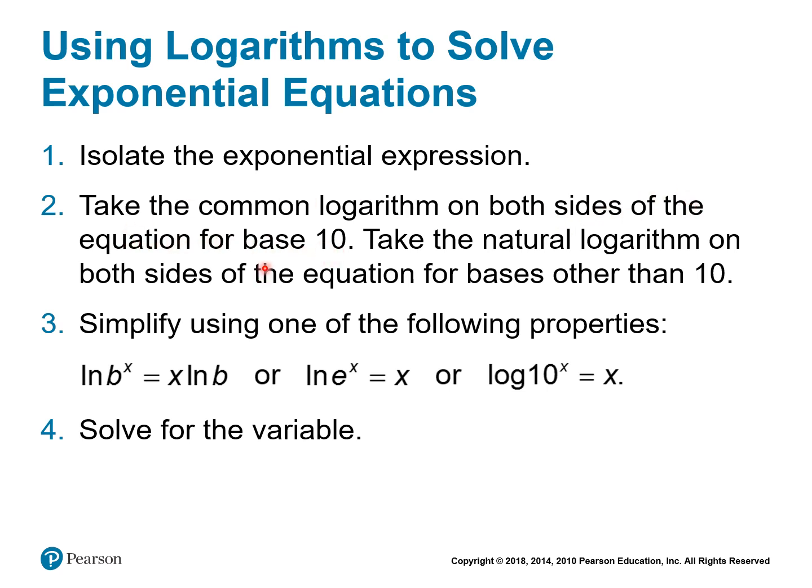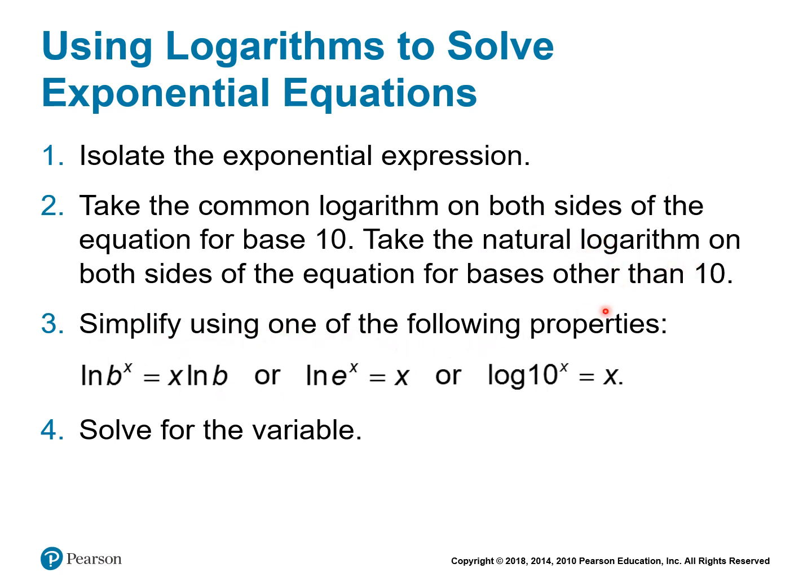If the exponent has base 10, then we take the common logarithm, because the common logarithm also uses base 10. If the exponent does not have base 10, then we will need to take the natural logarithm, which is ln.